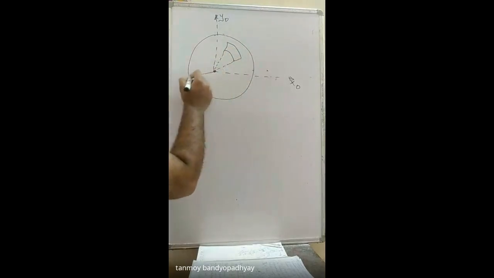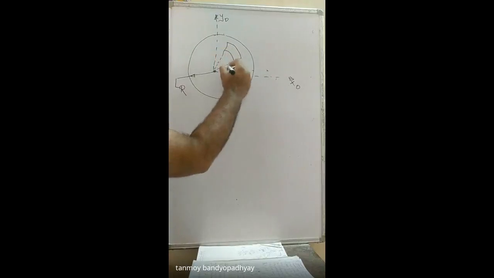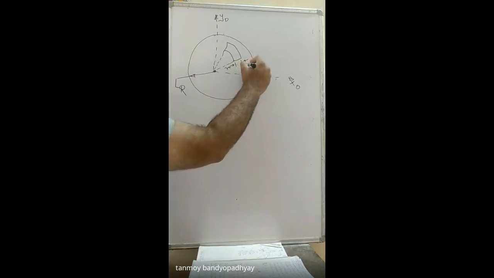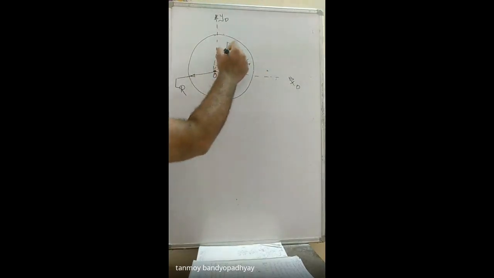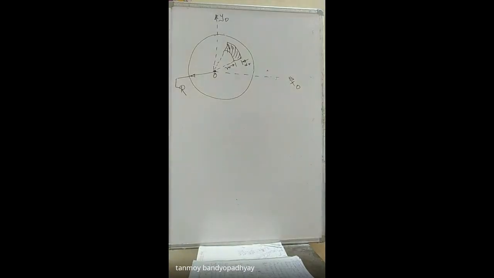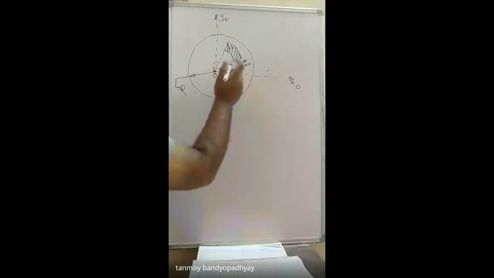Let capital R be the radius of the circle, and we choose an elemental curved area dA at a distance small r from the center of the circle, and of thickness dr. Let this angle be theta and let this included angle be d theta.